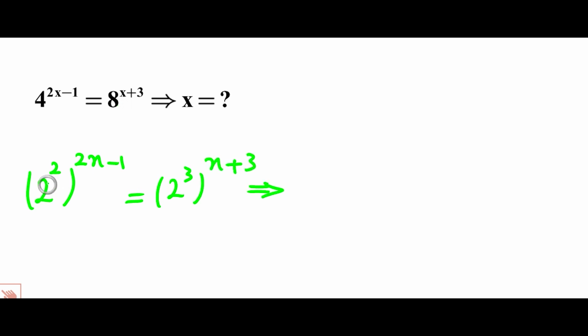So we have 2^(2(2x-1)), which is 2^(4x-2), equals 2^(3(x+3)), which is 2^(3x+9). Since the bases are the same, we can equate the exponents.